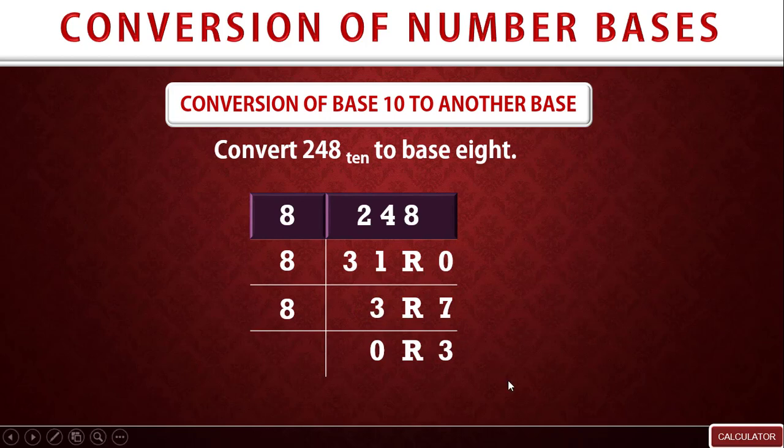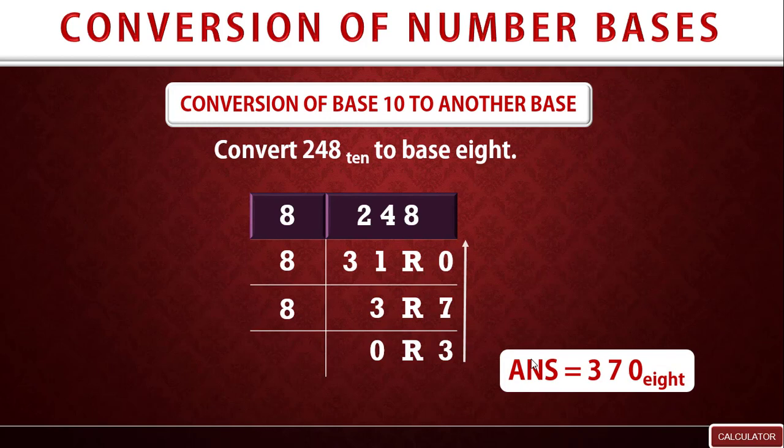So all you need to do now is to draw your arrow upward to trace the number, and if you trace the number upward, you see that we have 370. So our answer for conversion from 248 in base 10 to base 8 will be 370.